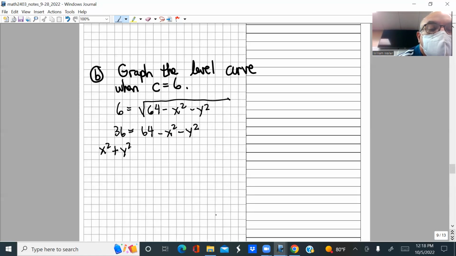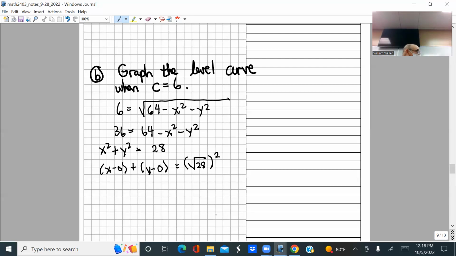So you get x squared plus y squared is equal to, what's 64 minus 36? Is that 28? And so you have a circle, again, with center at the origin, but the radius is now the square root of 28, whatever that number is. A little bit bigger than 5, right? So your radius is now the square root of 28.